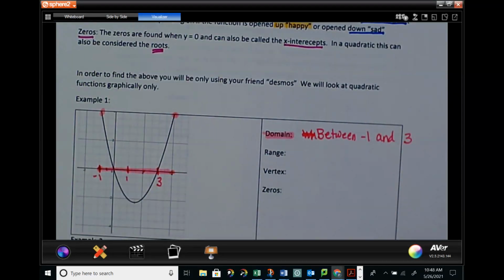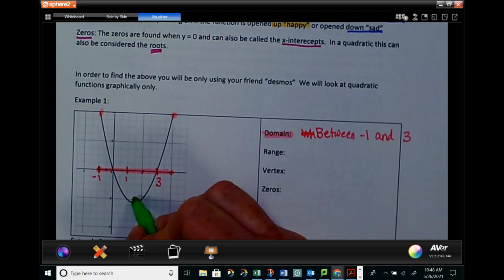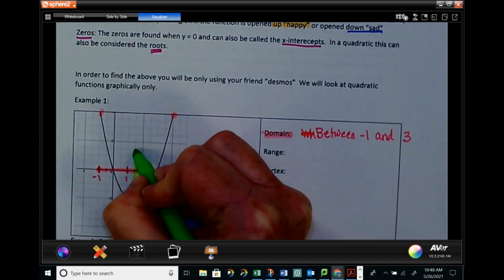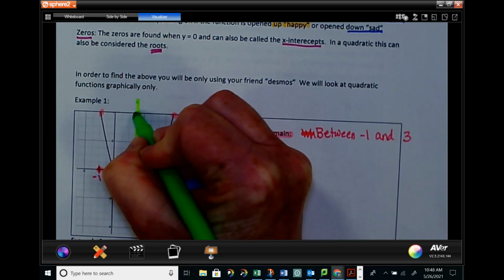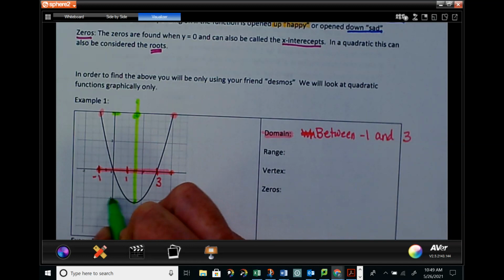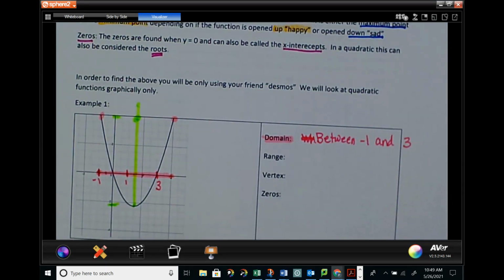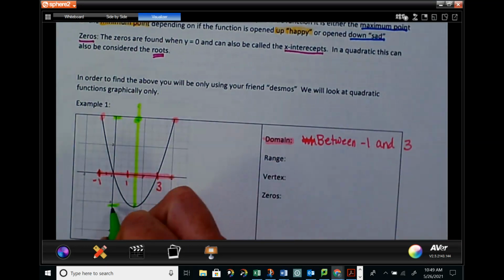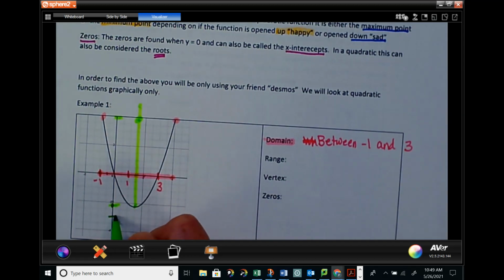Then we're going to do the same thing with our range. For the range, we have to just estimate on this one, because we're going to go up and see where that goes. I'm going to transfer this over to my y-axis. This is -2, this is -3, so that would be 2.5. I'm going to guess that that line right there is -2.25, because between 0.5 and 0 would be 2.25.